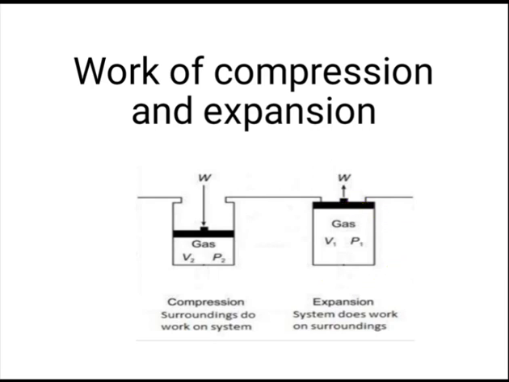In this system the gas is expanded, therefore the mass is increased or the height of the mass is increased here. The piston applies pressure on the gas and at that time pressure is changed from P1 to P2, and volume is changed from V1 to V2.